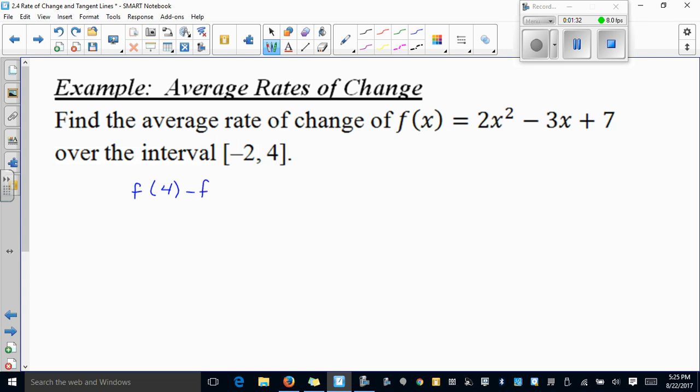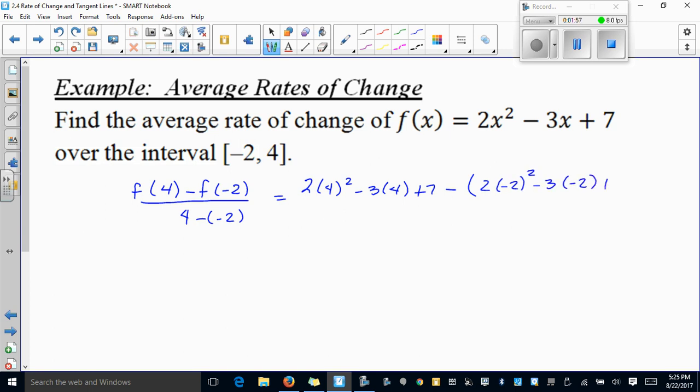So this gives us 2 times 4 squared minus 3 times 4 plus 7 minus, please don't forget to put the second one in parentheses, 2 times -2 squared minus 3 times -2 plus 7, all over 4 plus 2.